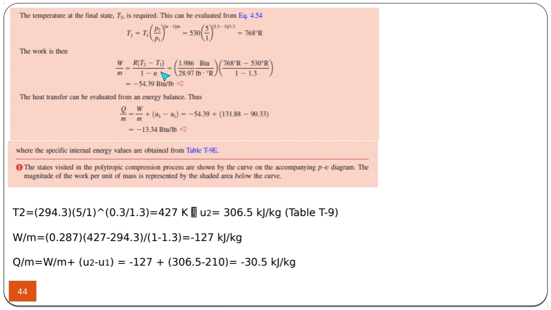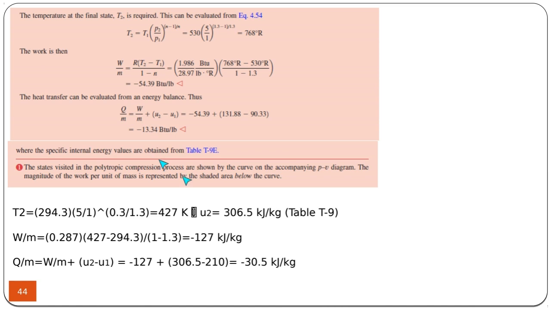And from here, you can write the energy conservation equation. According to the energy conservation equation, Q is W plus delta U, or per unit mass, Q divided by m is equal to W divided by m plus the difference of the internal energies per unit mass, which is found to be minus 13, or in SI units, minus 30.5 kilojoules.